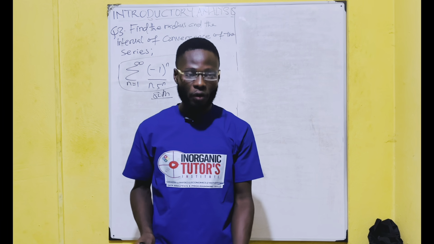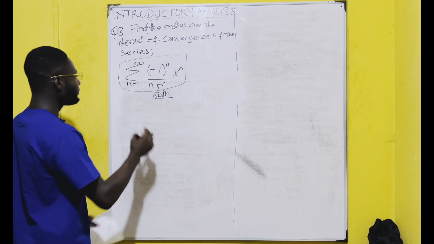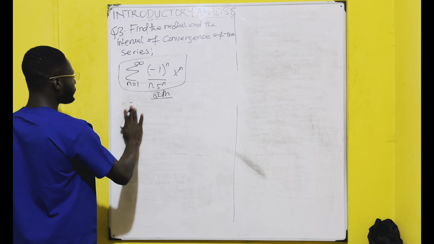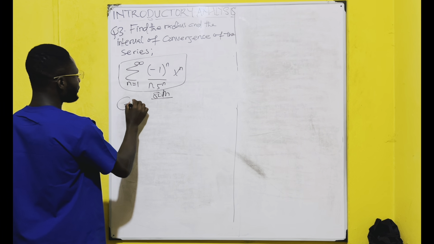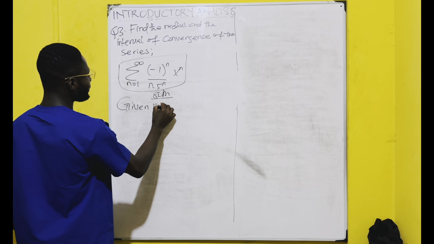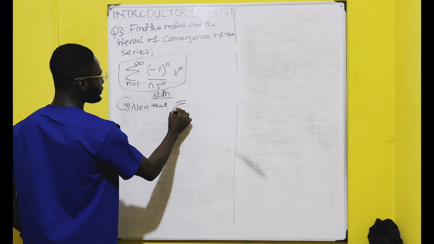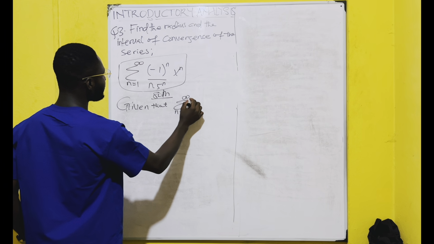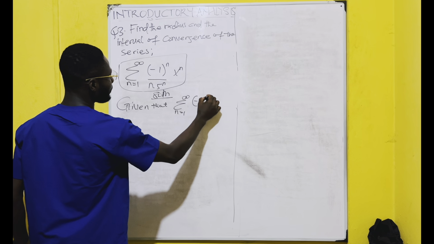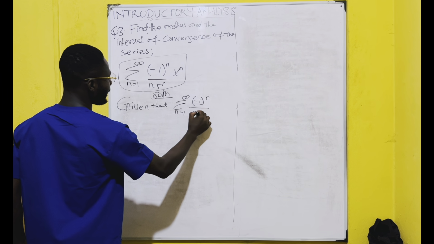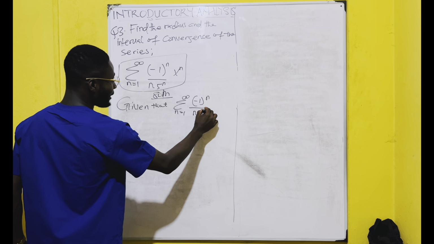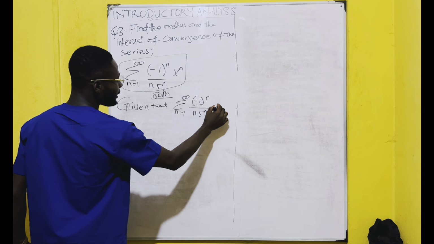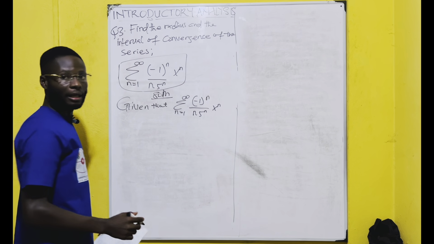So first of all, let's write the problem. So given that summation n equals 1 to infinity, -1 to the power n divided by n times 5 to the power n, x to the power n.